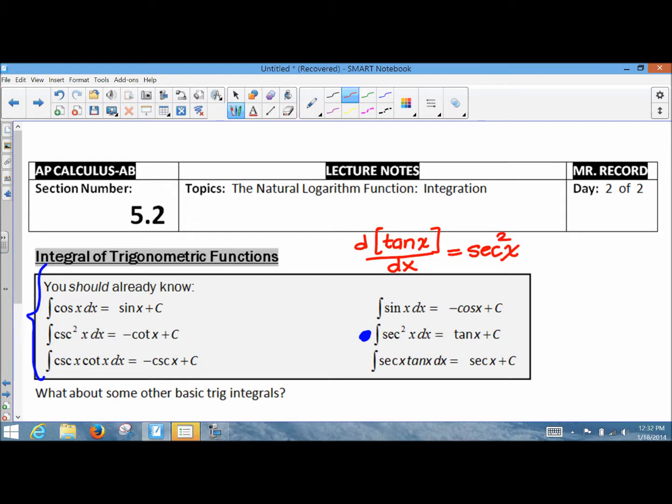So all you need to do is apply that in reverse. You would put your integration symbol in front of secant squared, and we know that would spit out the answer tangent of x. And of course you have to remember on your own to add the constant c. So if you know the 6 basic trigonometric derivatives, there's really no excuse why you wouldn't know these 6 antiderivatives.